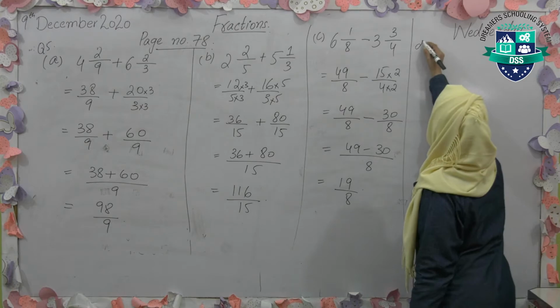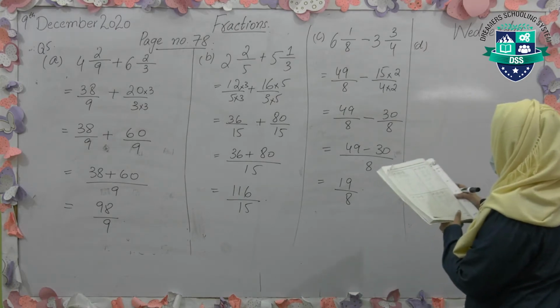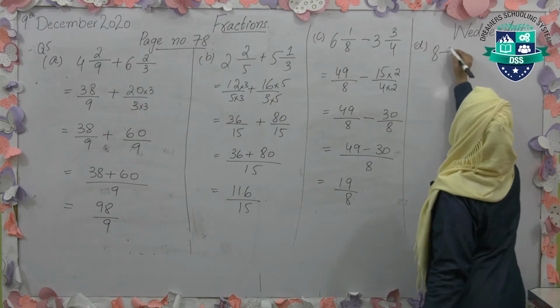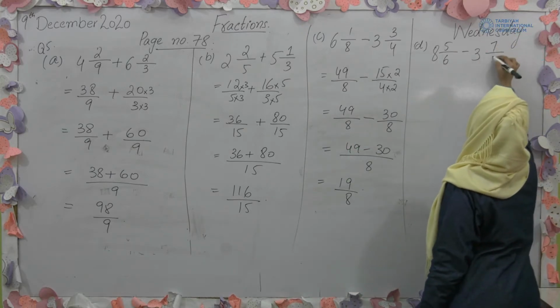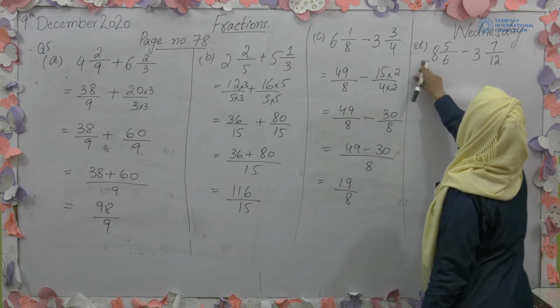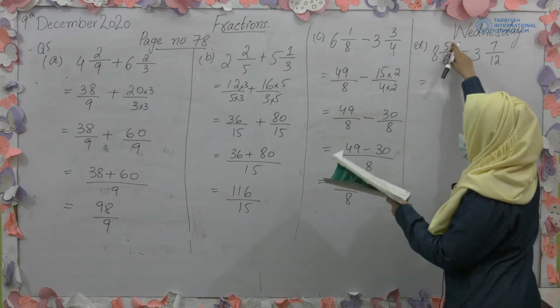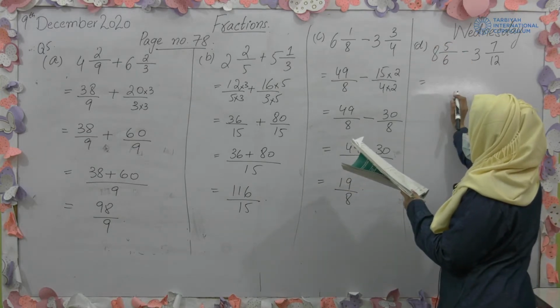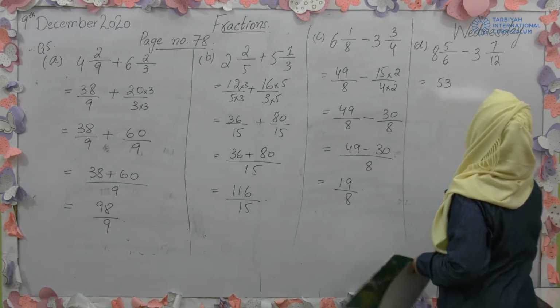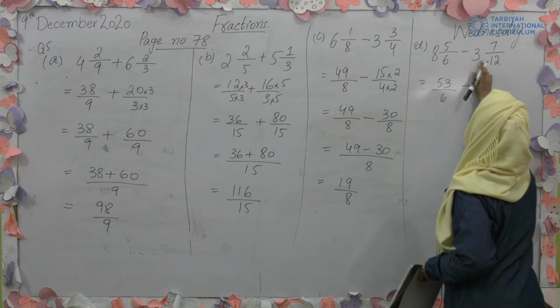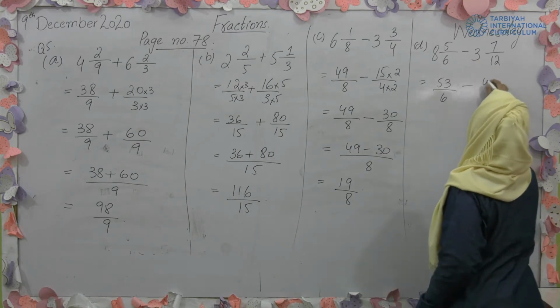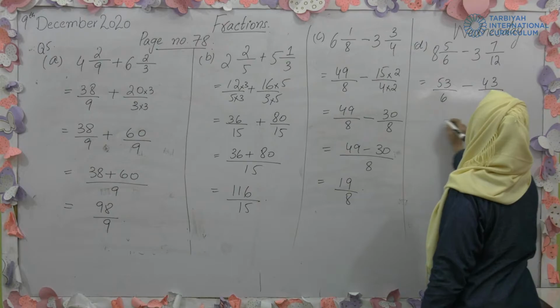I'll do the D part also for you. 8 whole 5 by 6 minus 3 whole 7 by 12. 6 8s are 48, 48 plus 5, 53. 12 3s are 36, 36 plus 7, 43 by 12.